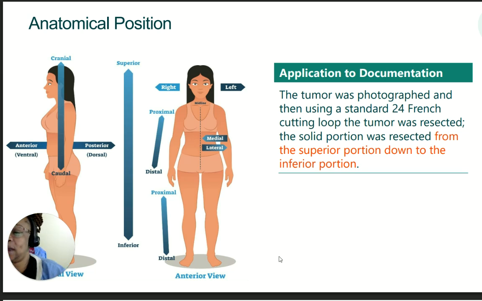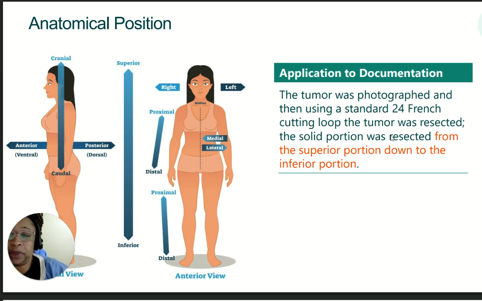As you see here, we have the posterior and anterior, and then we also have the lateral, superior and inferior, distal and proximal, and also medial and lateral, left and right, and we see up and down.